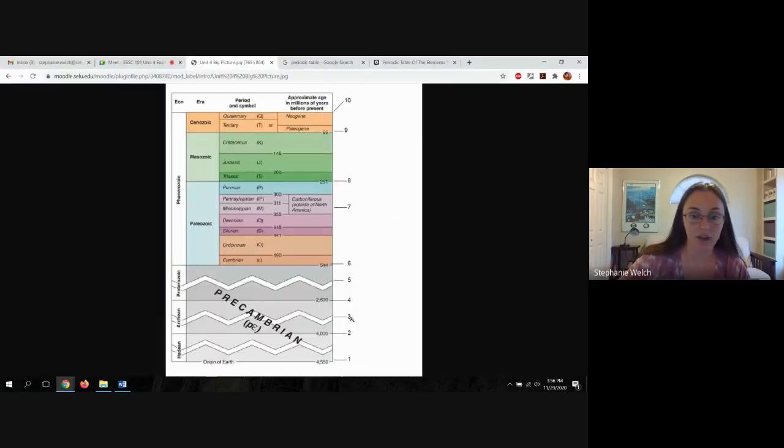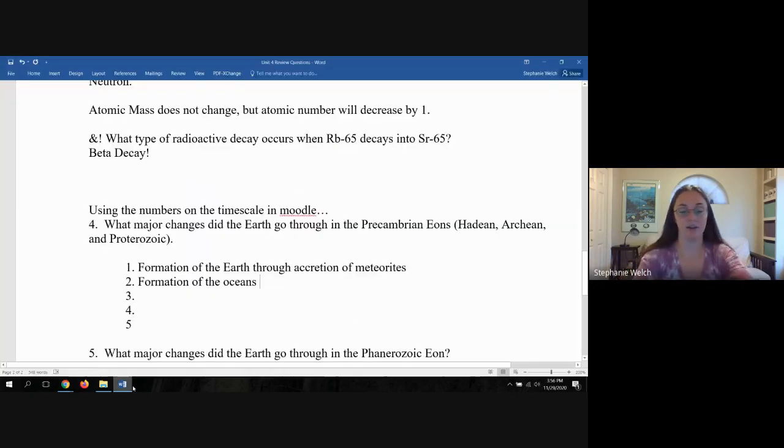And then event 3 up here, somewhere midway through the Archean, is a little hazy. We don't know exactly when that happens. It's arguably older and older all the time, but it has to be the first continents.